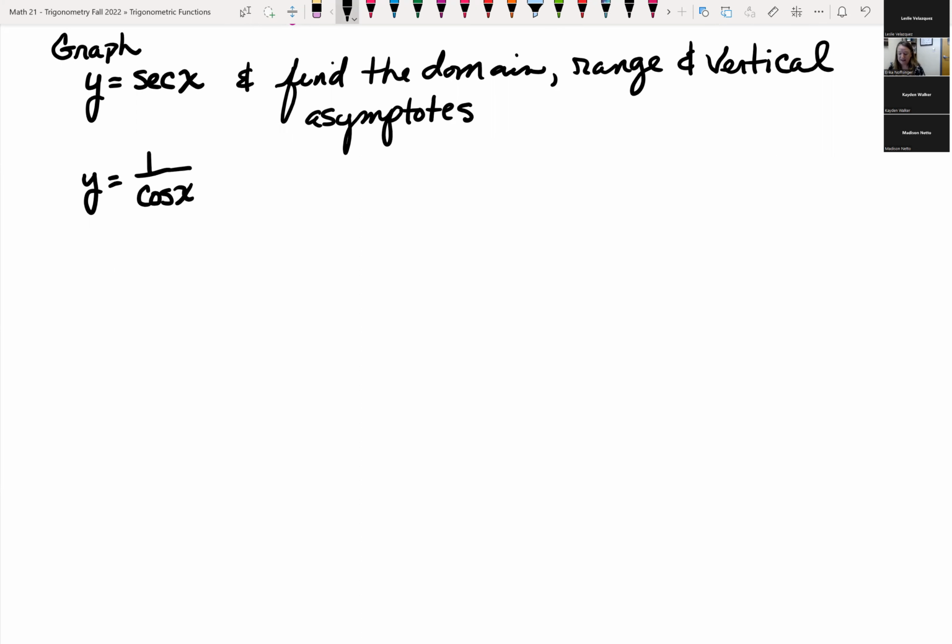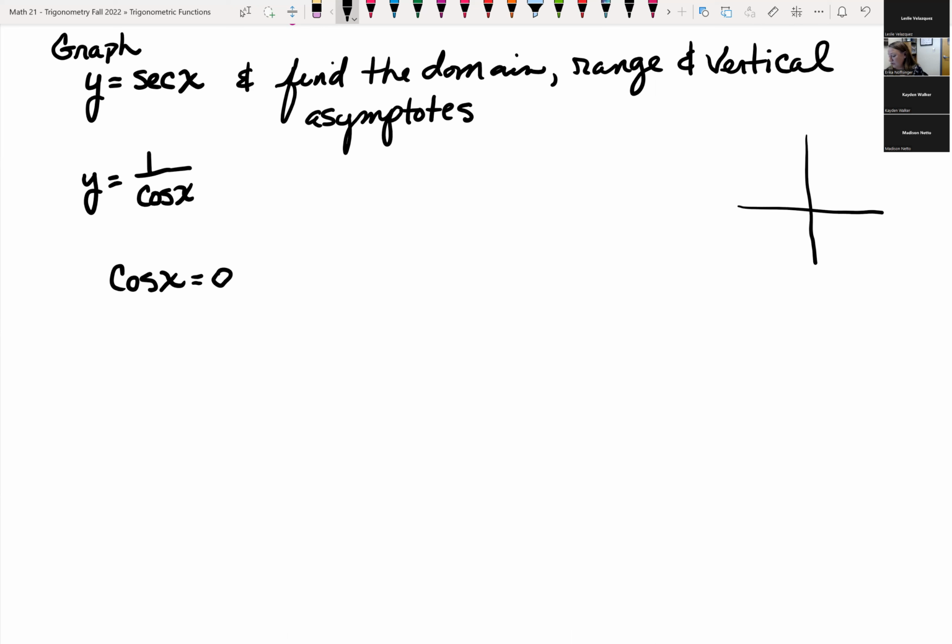We can't divide by 0. In this case, when cosine of x is equal to 0, these are values we have to exclude, but they're also where our vertical asymptotes are going to occur. So we want to look at, when is cosine of x equal to 0? So again, if it helps you to look at the unit circle, you can do that.